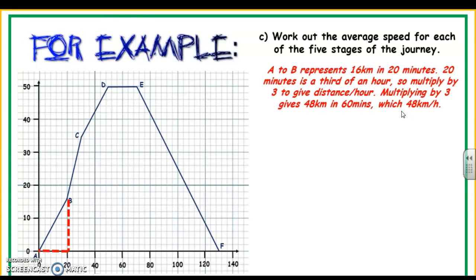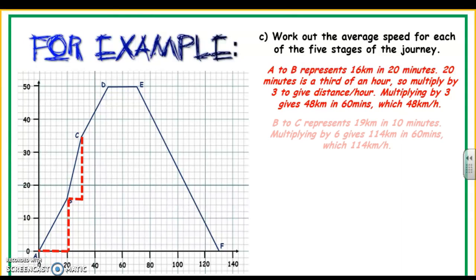If I think about 20 divided by 60, I get a third, 0.33333. If I divide by a third, remember that's the same as flipping it and multiplying. So I'm really multiplying by 3 to get my hours. So my speed is going to be 48 kilometers per hour.